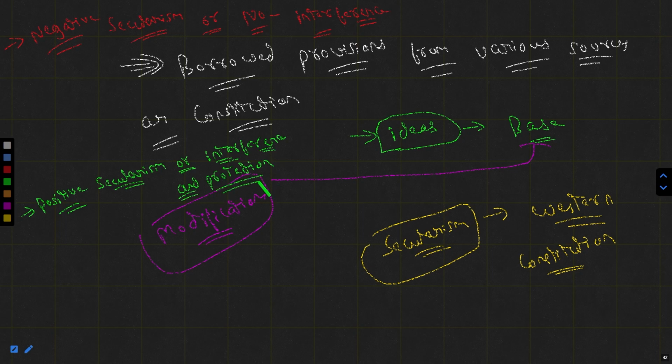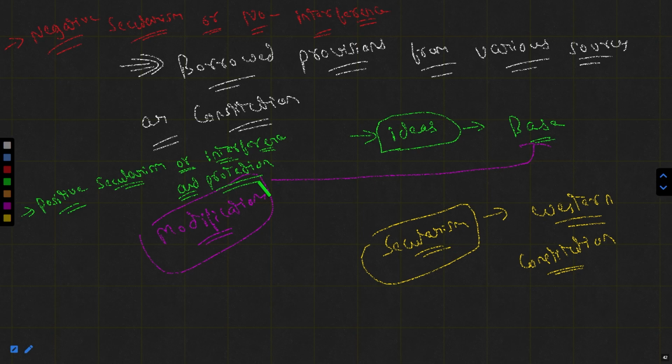In India, the government is not inclined towards any particular religion, that is true, but the government can also interfere in religious policies so that the constitutional provisions could be implemented fairly.